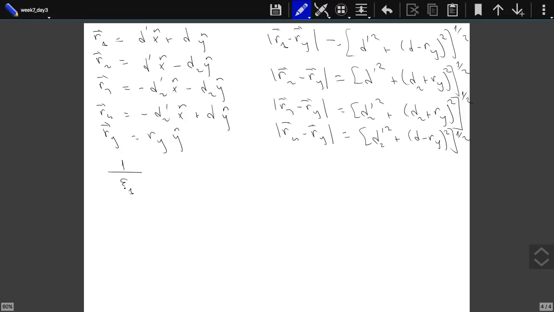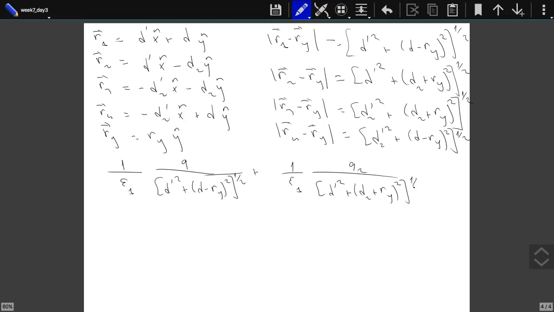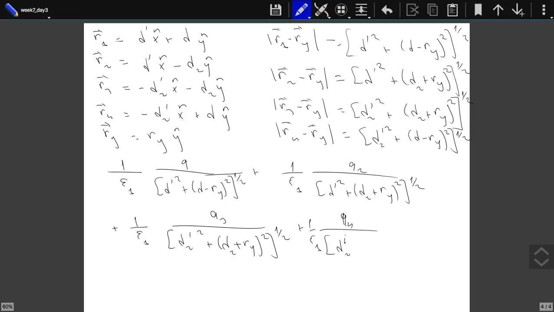Now let's write the potentials. 1 over epsilon 1 q over r1 minus ry, this is square root of d prime squared plus d minus ry squared, plus 1 over epsilon 1 q2 over square root of d prime squared plus d2 plus ry squared, plus 1 over epsilon 1 q3 over square root of d2 prime squared plus d2 plus ry squared, plus 1 over epsilon 1 q4 over square root of d2 prime squared plus d minus ry squared.